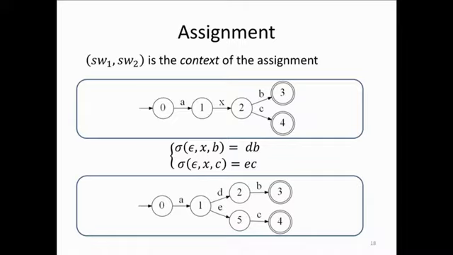So for instance, for this automaton here, we're going to say that if x is followed by b, we're going to assign db. And if x is followed by c, we're going to assign ec. And the result of our assignment is going to look like that. So what we did is we took the split point and pulled it back 1 or 2 or 3 nodes.